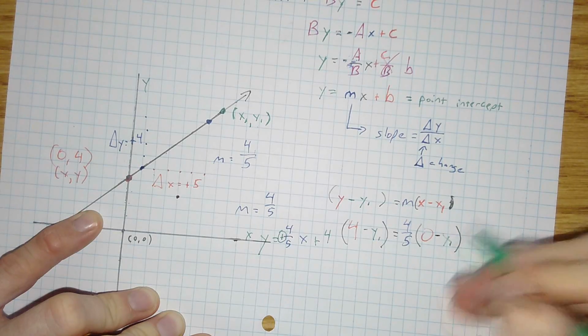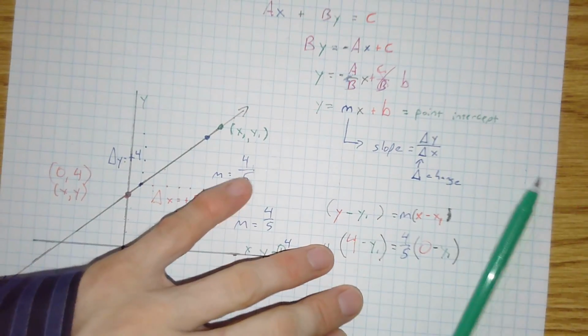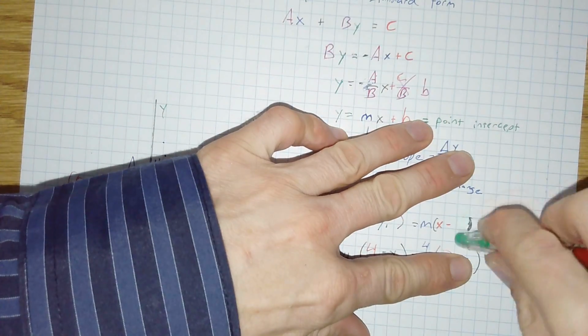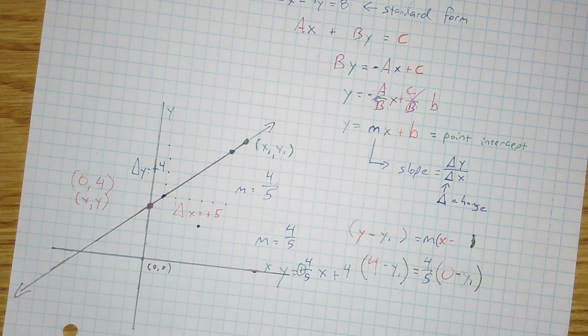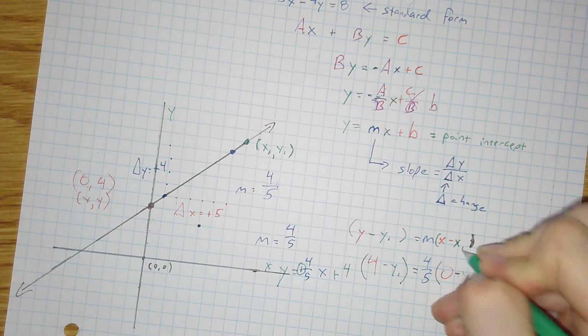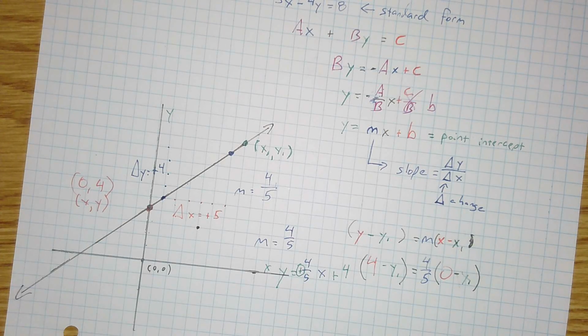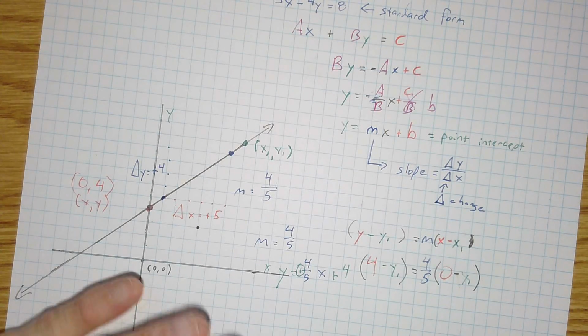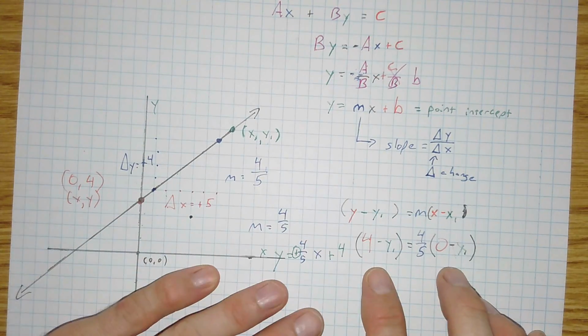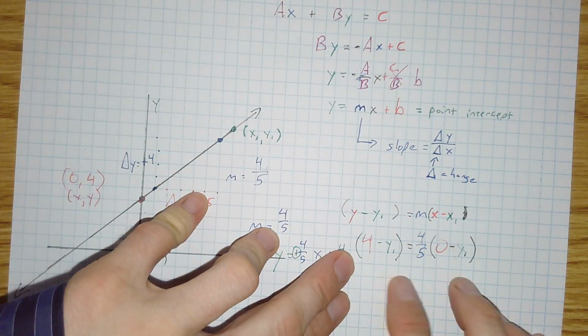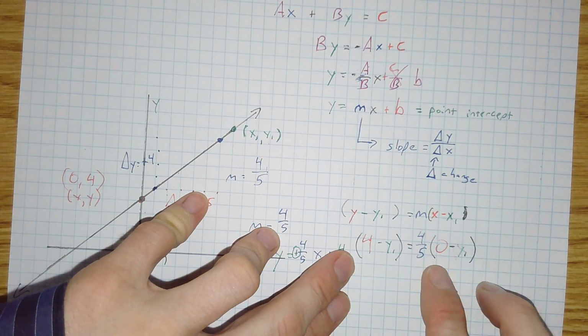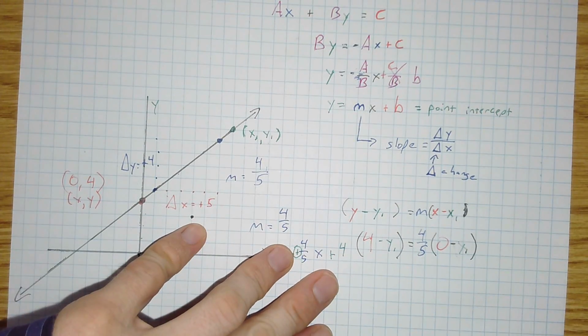I should have made this green up here. Minus x sub 1. Okay, so now we can rearrange our equations, and we can maybe solve for some stuff here. So this is how we can do some things here.